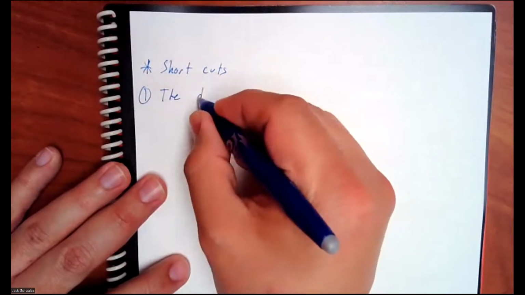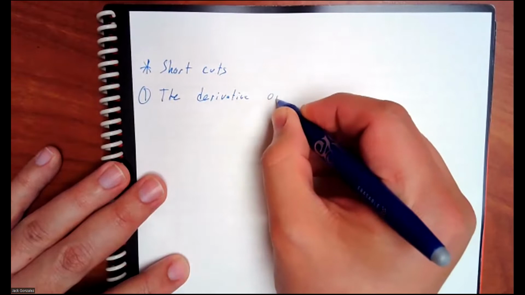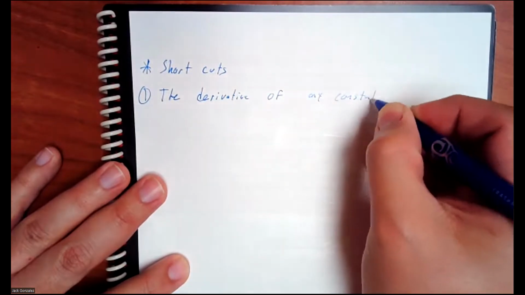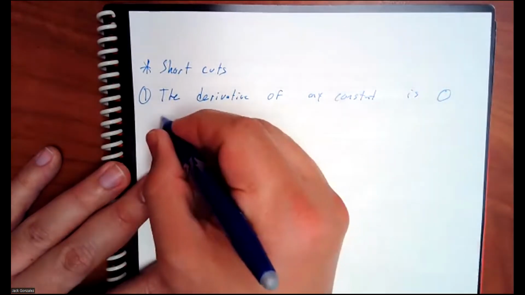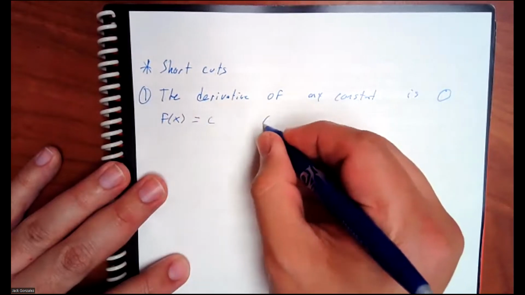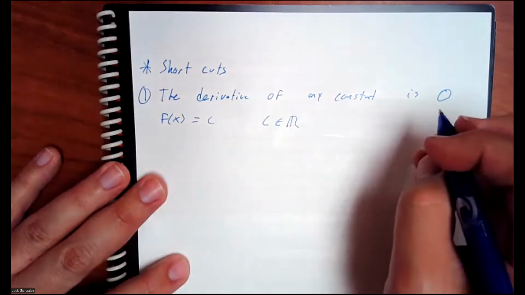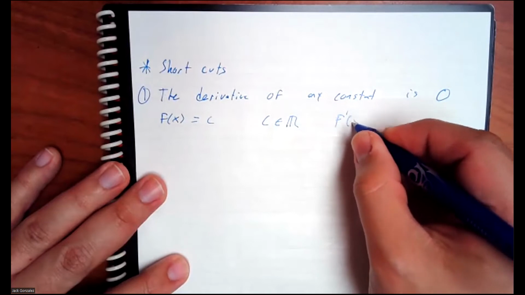The derivative of any constant is 0. So if your function is equal to some c, where c is an element of the real numbers, f prime is 0.